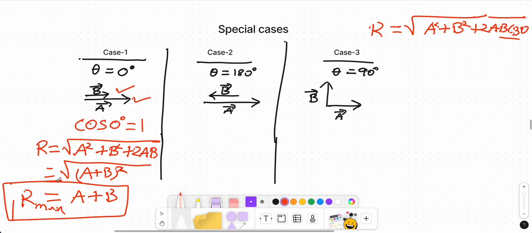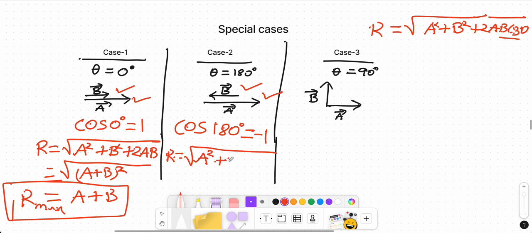Case 2, when the angle between A and B is 180 degree, that means they are anti-parallel. In this case cos 180 degree is minus 1. So again in the formula I will substitute cos theta as minus 1. So a square plus b square minus 2ab.